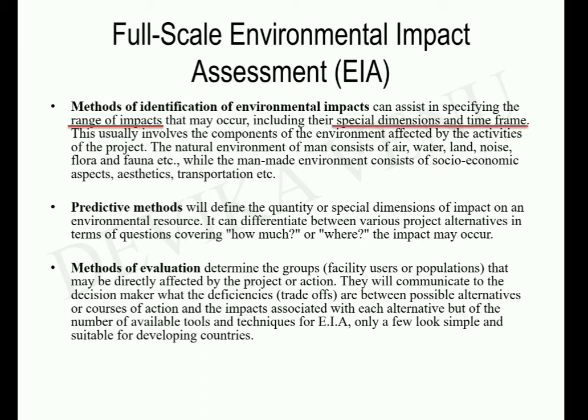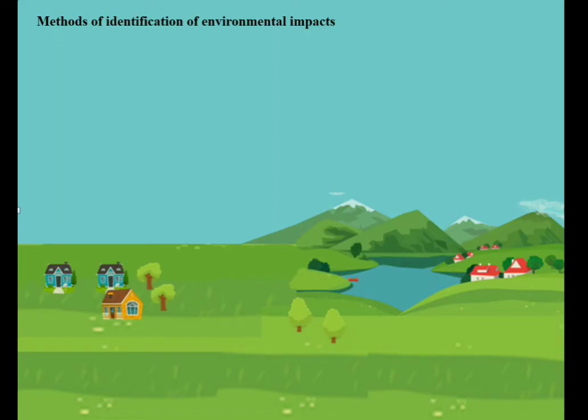This usually involves the components of the environment affected by the activities of the project. The natural environment consists of air, water, land and noise, while the man-made environment is the socio-economic aspects, aesthetics and transportation. So we will take a closer look at this particular paragraph.